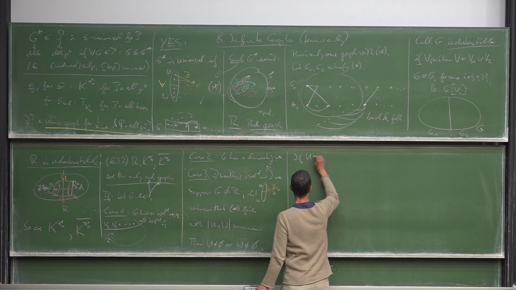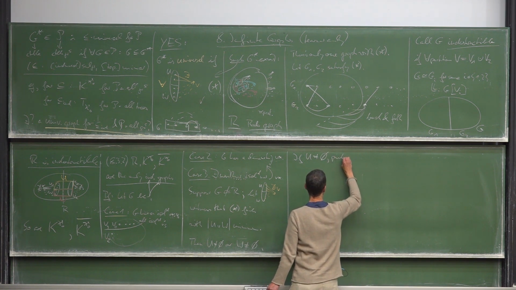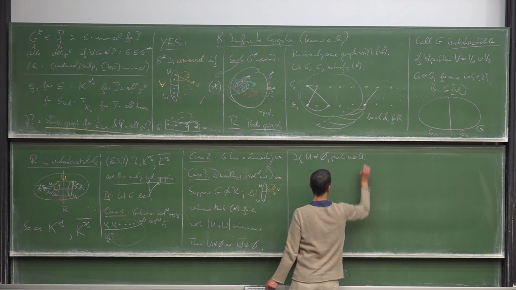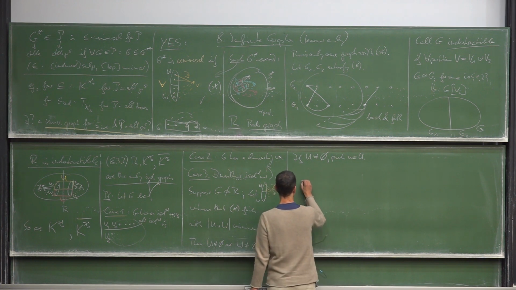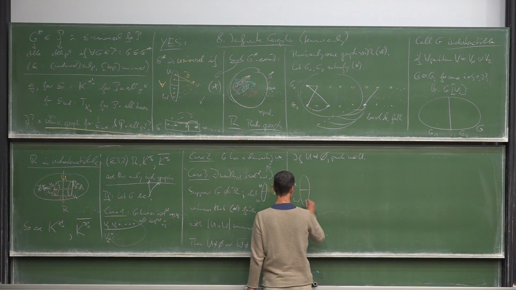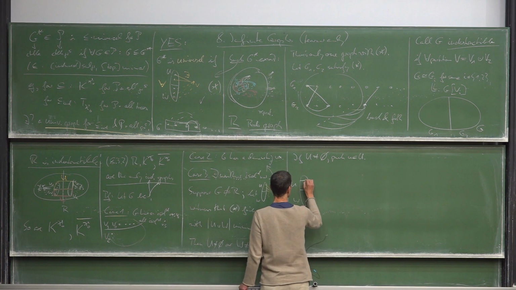If U is not empty, pick an element and do the following. So here's our U, W. W may be empty or not, don't care. And here's a little u.